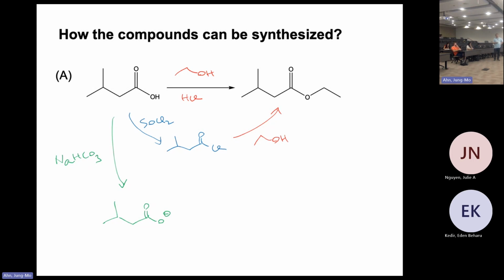That's a better nucleophile. You just add the ethyl as an alkyl halide, like ethyl bromide. It makes an attack, kicks the bromide out, and it's nothing but an SN2 reaction. There are multiple different ways to get the same thing done. You can choose any of these three.